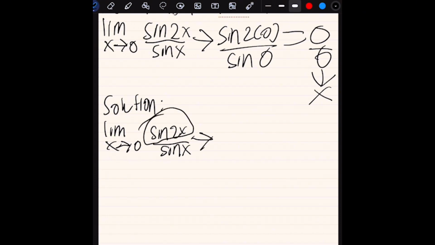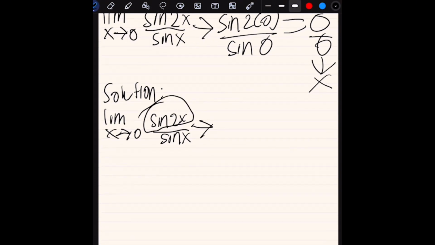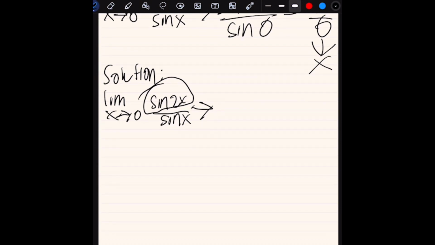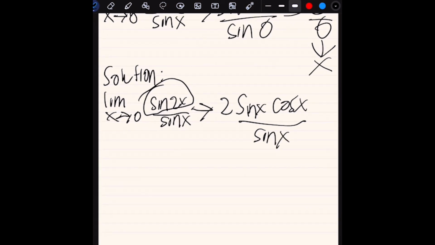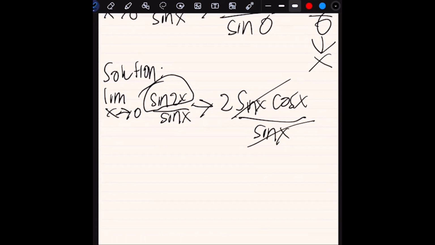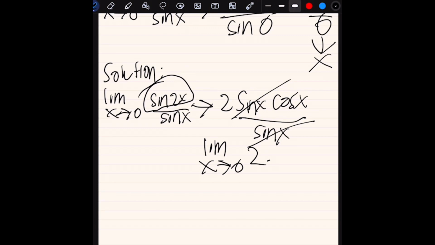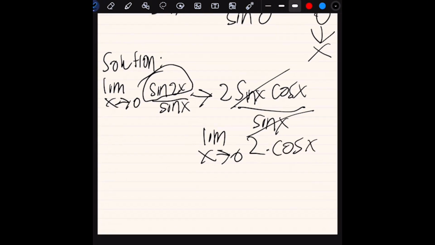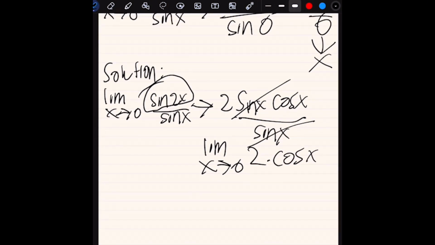We can use the characteristic of limit, and then we turn sin 2x into 2 sin x cos x over sin x, and then we can eliminate the sin x, and then we get limit x toward 0 of 2 times cos x, and then we can substitute x with 0.